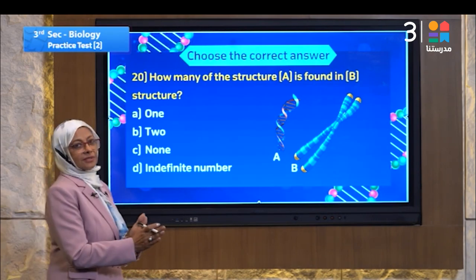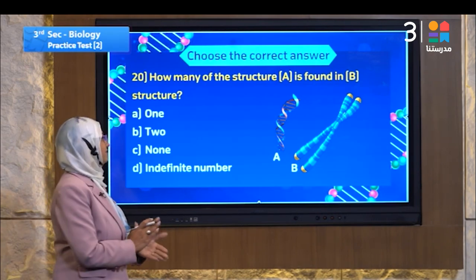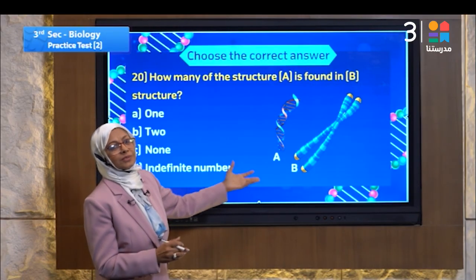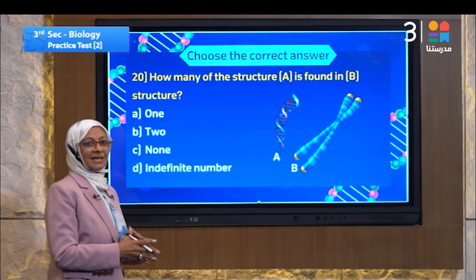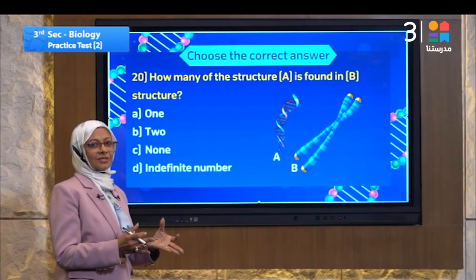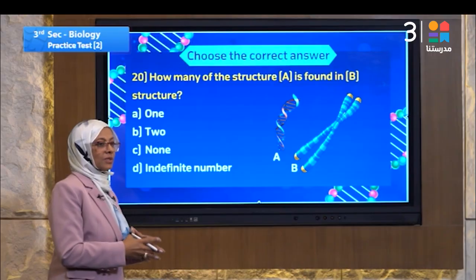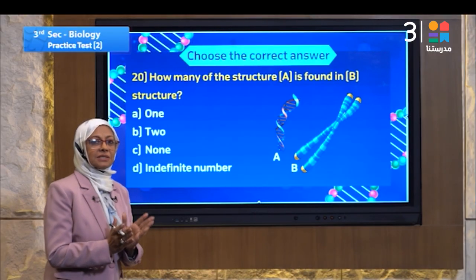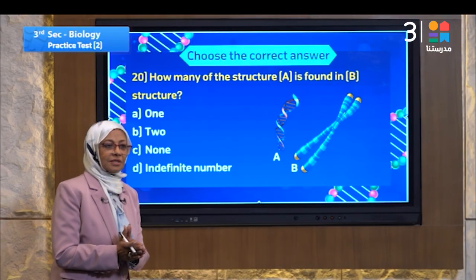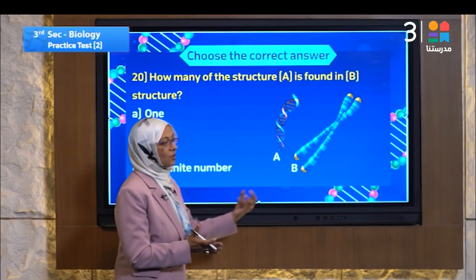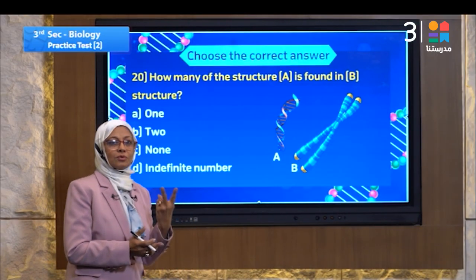What a figure. It's a lovely figure. We speak about the chromosomes of living organisms. The chromosome has a special structure. I said before, when the question has a figure, we must study the figure first. The figure here is about the chromosome. Each chromosome consists of 2 chromatids.